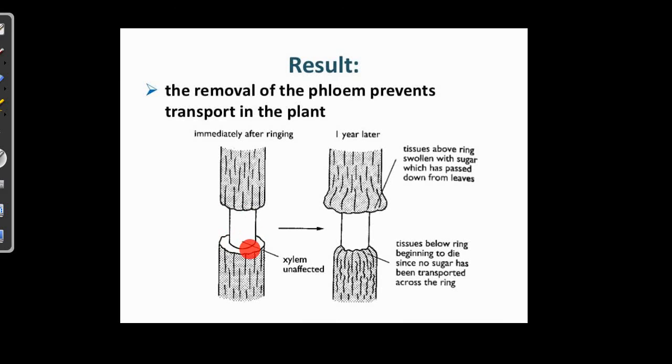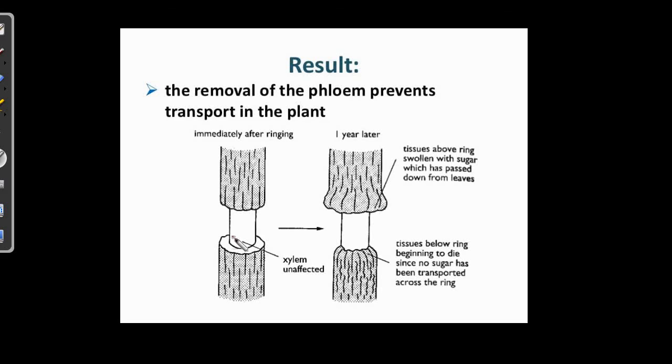When you remove this part right here, you will observe that the tissue above the ring has a swollen region with sugar accumulated. From here, no transportation of organic solute has taken place.